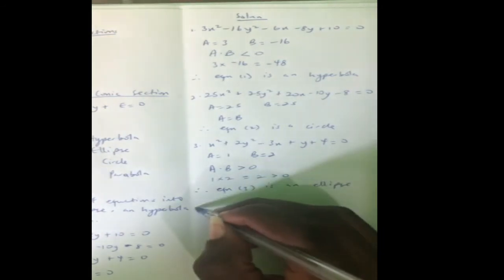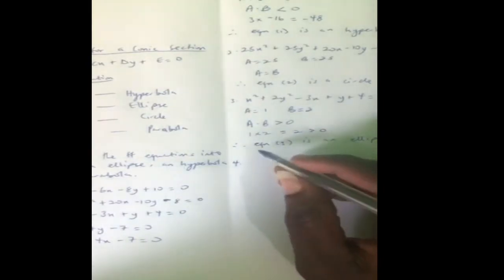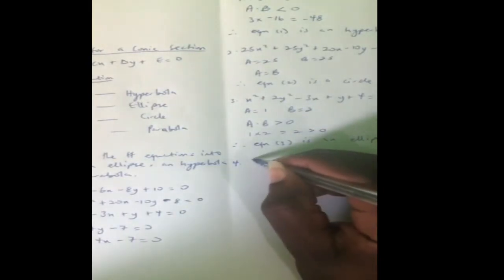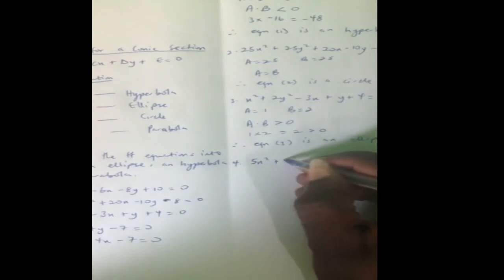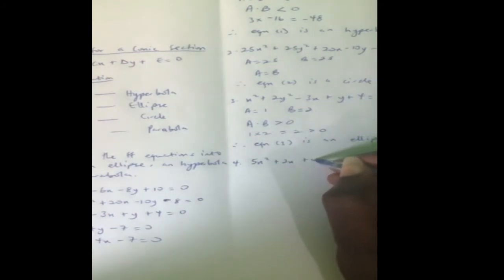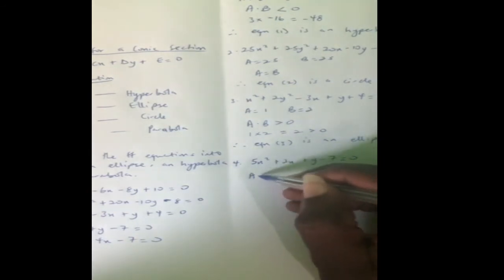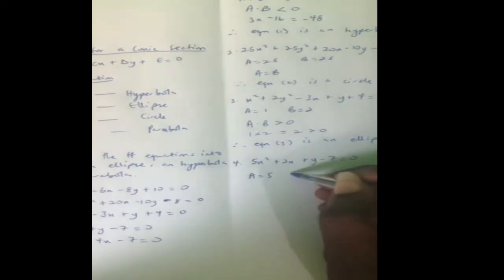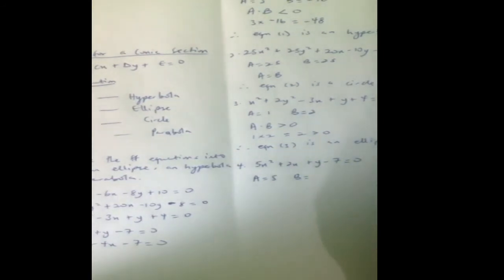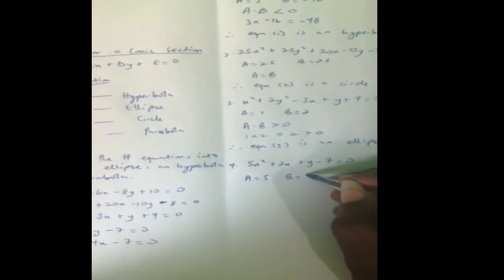The fourth one, we have 5x squared plus 2x plus y minus 7 is equal to 0. So we realize that our a is 5, our b, there is no b inside because our b is 0.